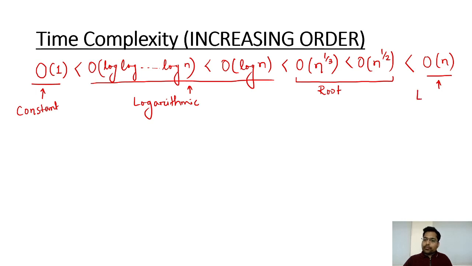You should know how we define it. Once linear is over, linear will be less than which one? If n is multiplied with log of log n, it will be greater than the log. So simply I'm writing n log n.